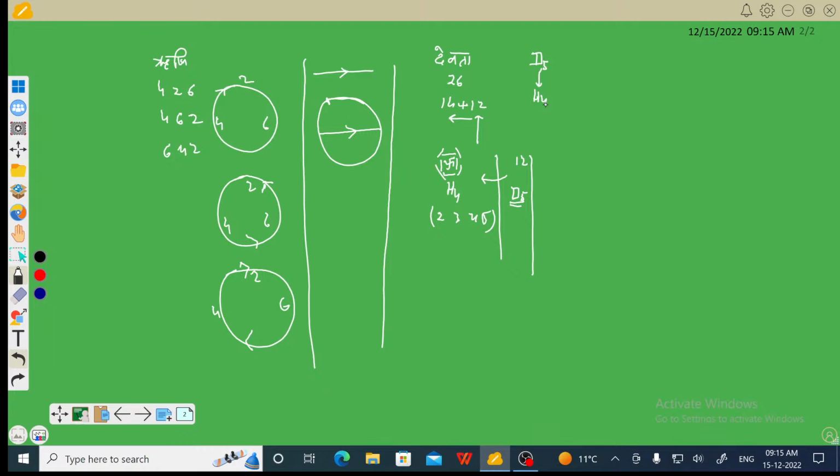Other thing is that we know 6 space has 4 space as a dimension, and 4 space is having 2 space as a dimension. So this reach 2, 4, 6 will ultimately take us to an origin.